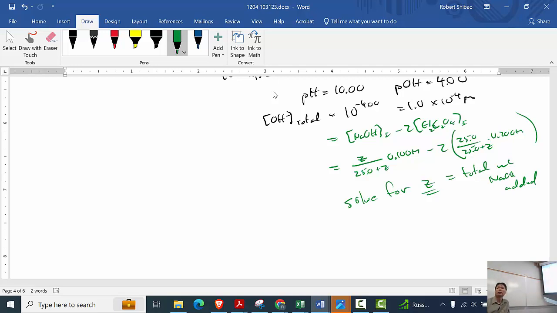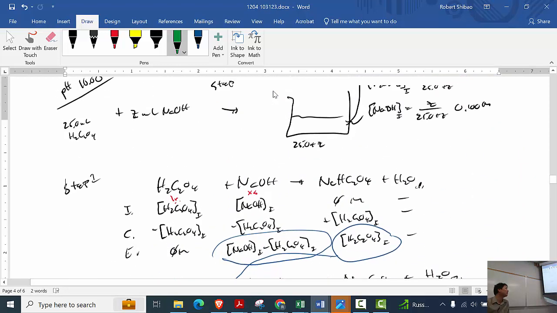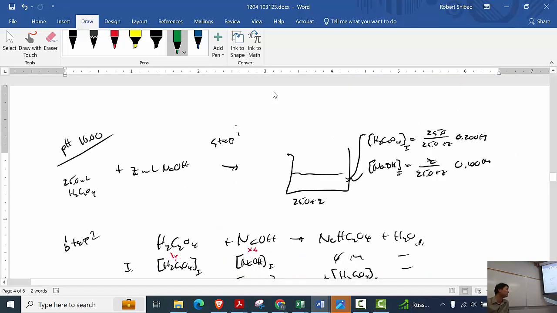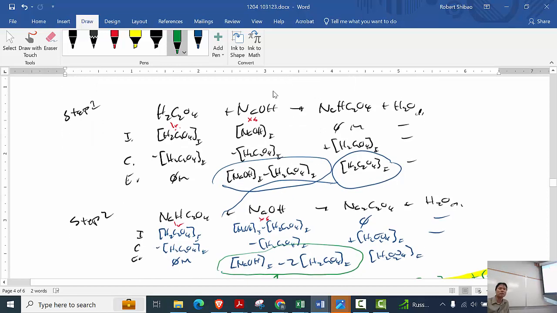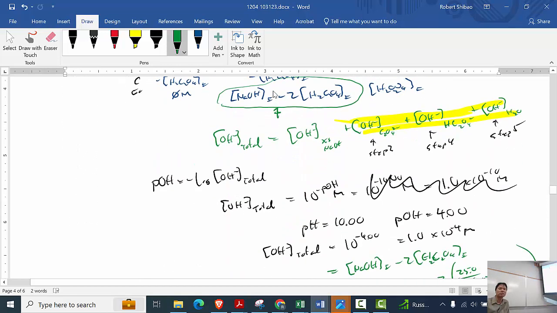All right. There's a way you can double check this, you know. So we solve for Z, and the way to double check this is we plug this Z back in and go forward. So we're kind of going backwards here. Once we get the Z, we go forward here and see if we get the same answer. And so we can go both ways, backwards and forwards.